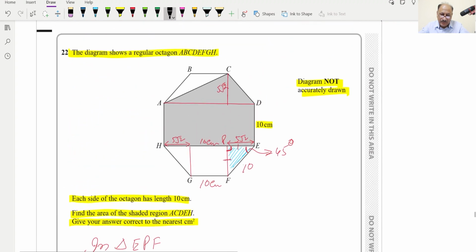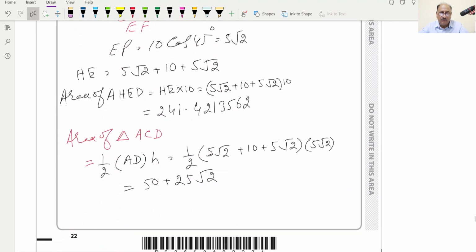Now the total shaded area will be the area of the triangle plus the area of the rectangle.